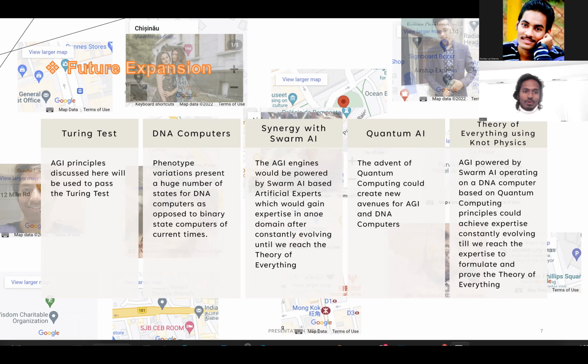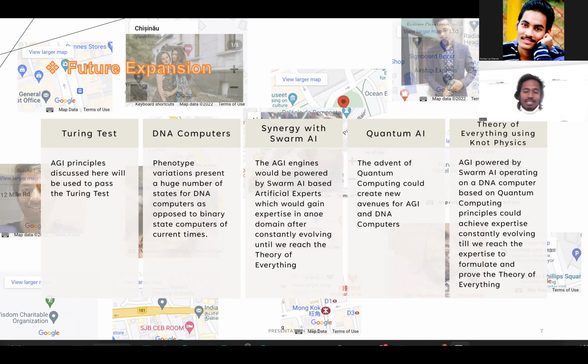With this principle, we are going to pass the Turing test. Once the AGI principles are met and we have constructed a system with these principles in place, we are going to pass the Turing test. That's pretty straightforward. The next one is going to be DNA computers. That's also pretty straightforward because we are already talking about DNA. We are only talking about DNA, so naturally it has to be a DNA computer with many states.